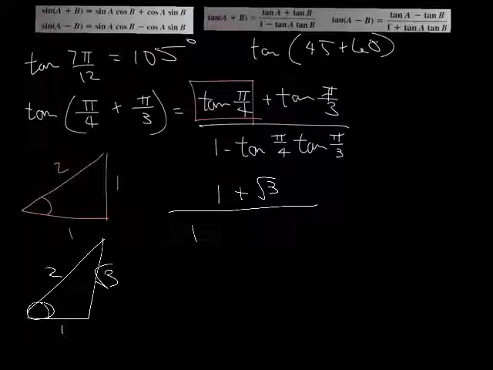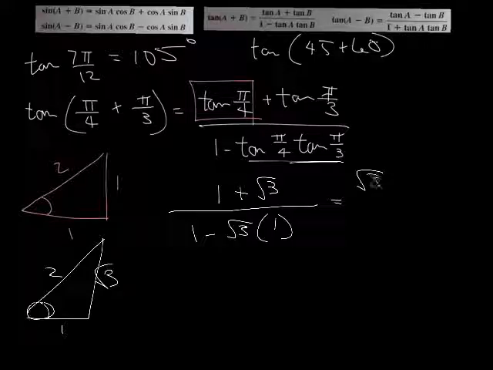And then I've got 1 minus the tangent of pi over 3, which I just said is square root of 3, times the tangent of pi over 4, which is 1. I guess I switched these two around, doesn't really matter. So that gives me square root of 3 plus 1. I'm going to switch those around so everything looks the same.